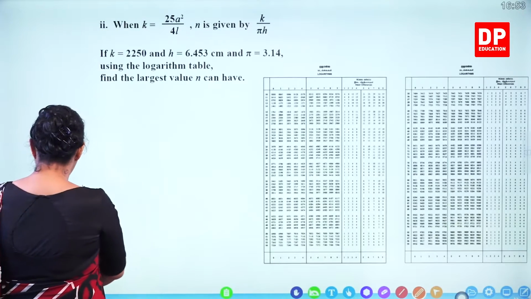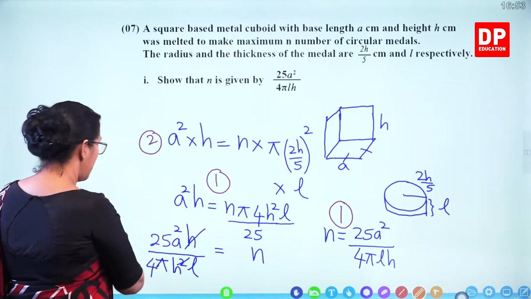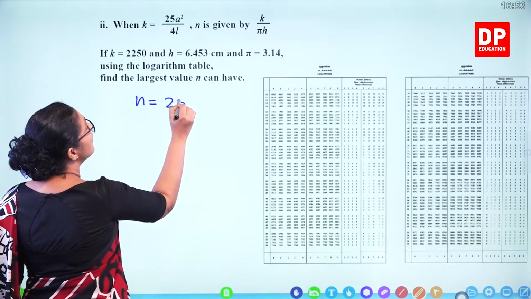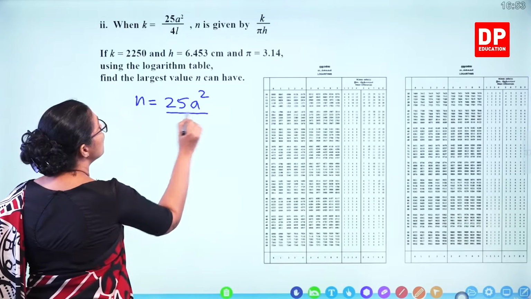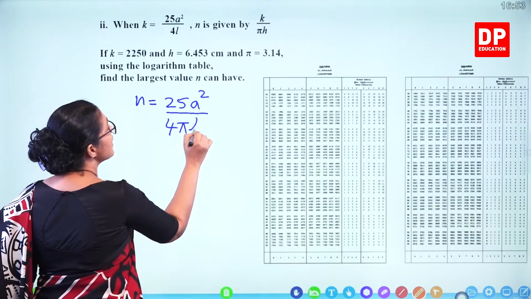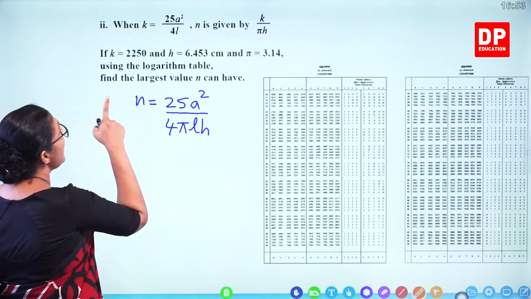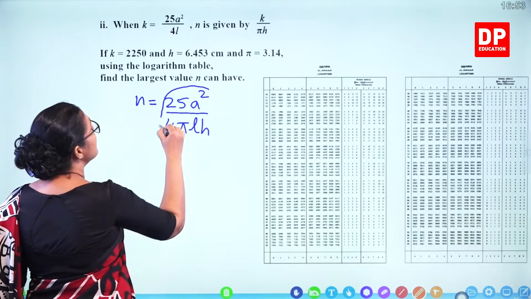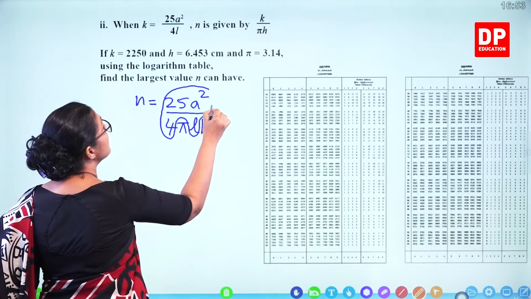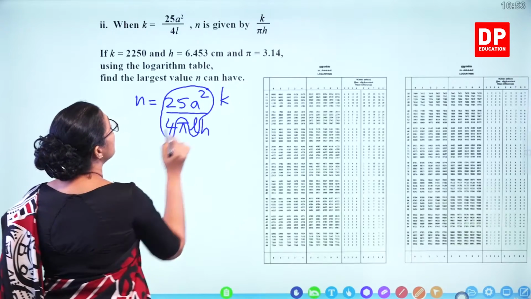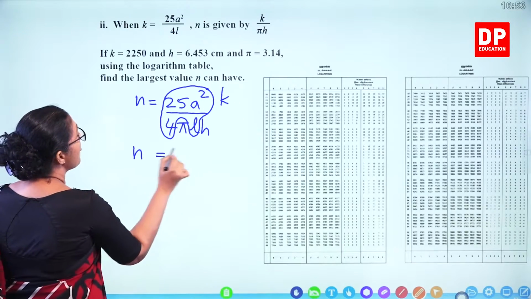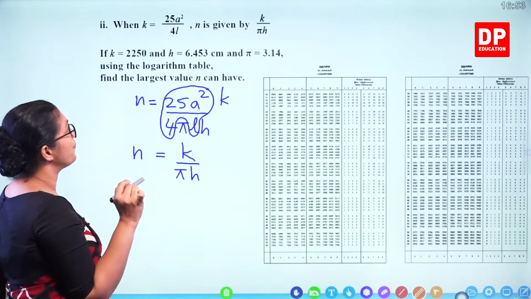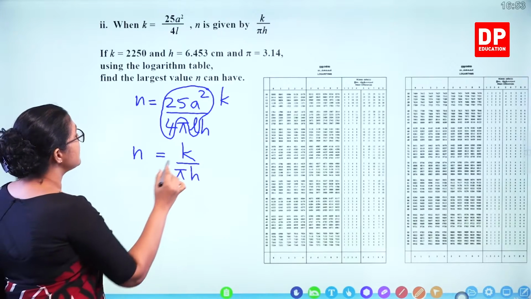So what's the n? 25a squared over 4 pi LH. Now k is 25a squared over 4l. This one with l, this is k. So what's n then? K over pi h. That's true.